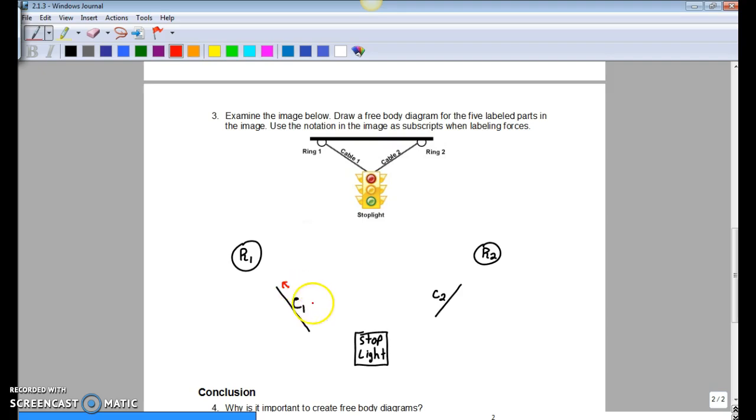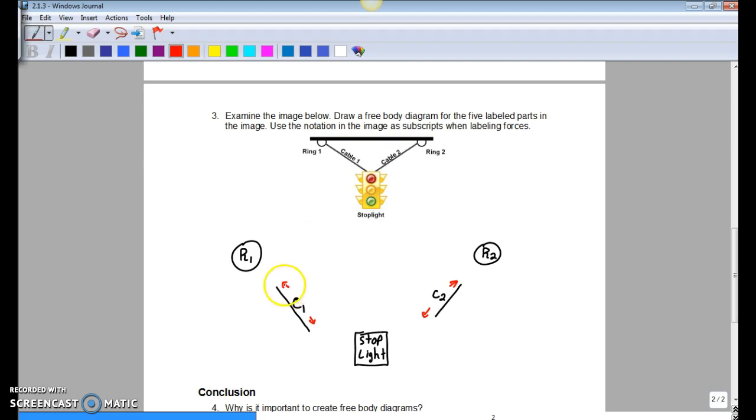You've got your reaction forces in both directions, this way from the rings and from the stoplight. I will check real quick here. There are 3 forces on the stoplight. They're not just reaction forces. There are 3 forces on the stoplight. The other 4 components each have 2 forces.